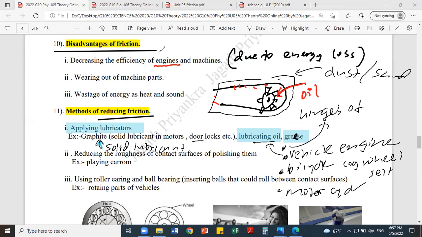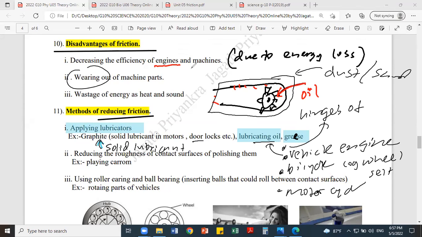In many instances, right? Then next one, the other one is they are worn out. That is also a disadvantage. Decrease in the efficiency because due to the friction, they are worn out. You have to replace them soon. I will give one of the best examples. In your house, you observe the surface of the tile.